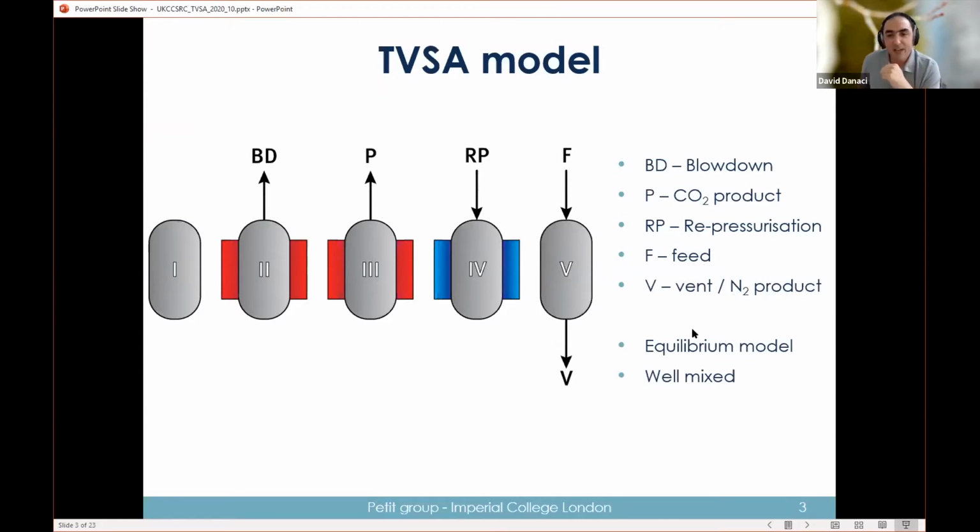The assumptions here are that this is an equilibrium model, which means the kinetics of adsorption are not accounted for, and that it is well mixed, which means the composition is constant through the bed. There is no axial composition considered.